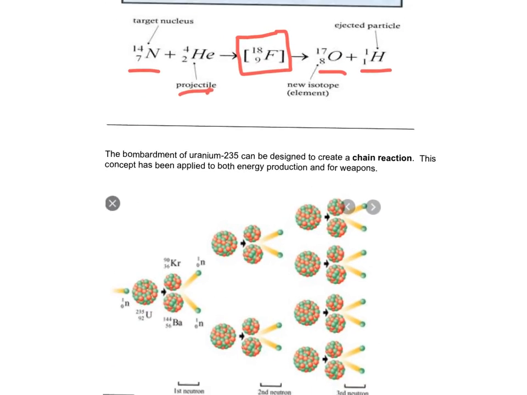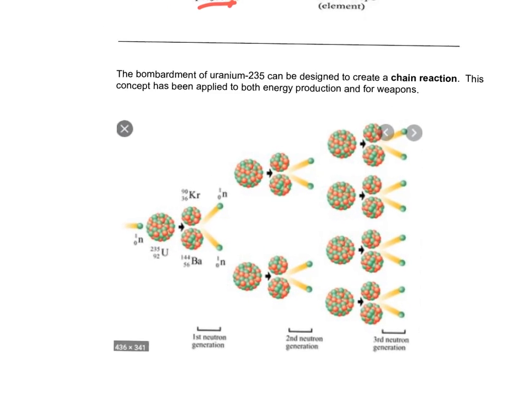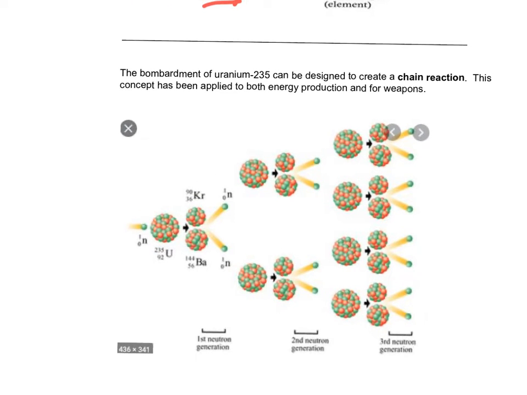Okay. Another important point on this is that in the case of uranium, you can create a chain reaction. And this is really fundamental to both uranium used for energy production and uranium used for weapons. So this first part here is just showing 2 neutrons coming out, but the idea is fundamentally the same.